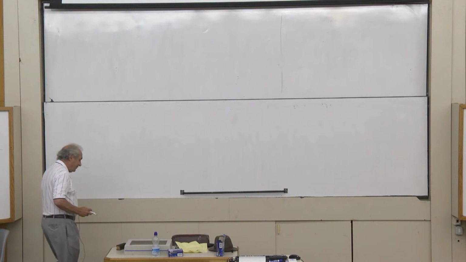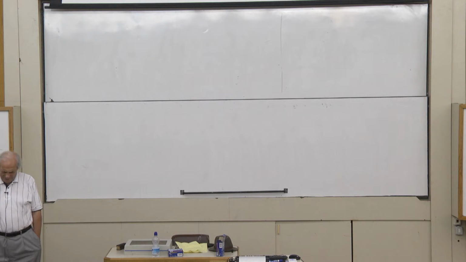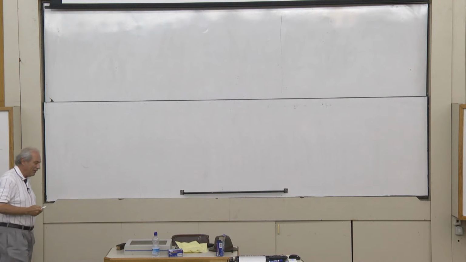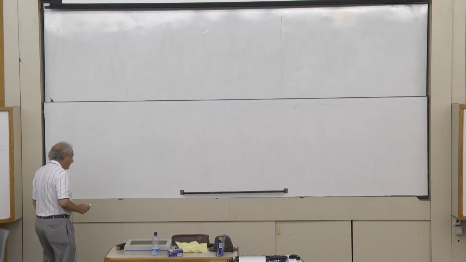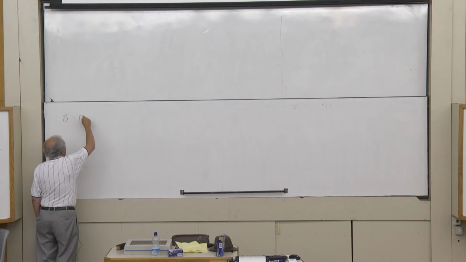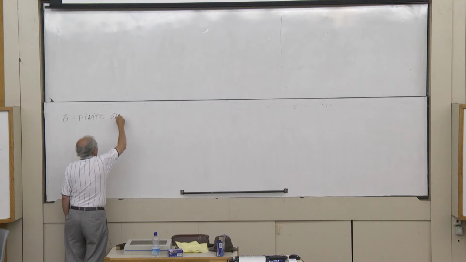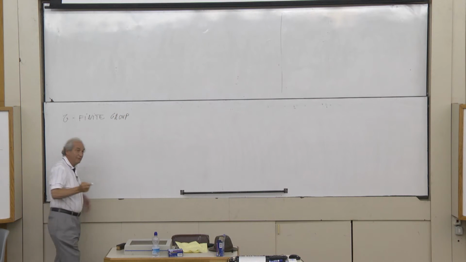So here's how to generate an element from a group. And as you'll see, there are many nice consequences and problems. So suppose that G is a finite group, and you want to pick an element from G at random.